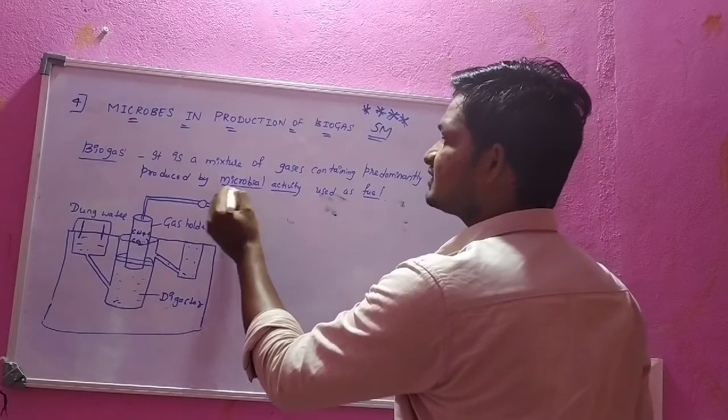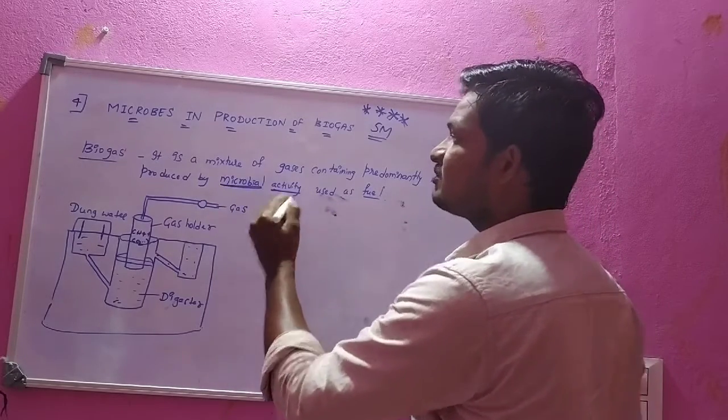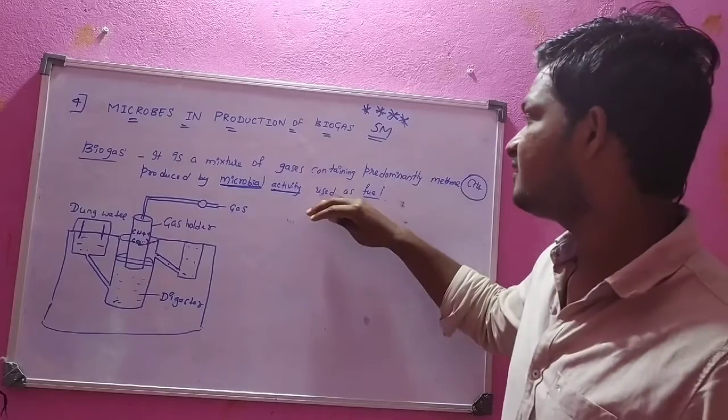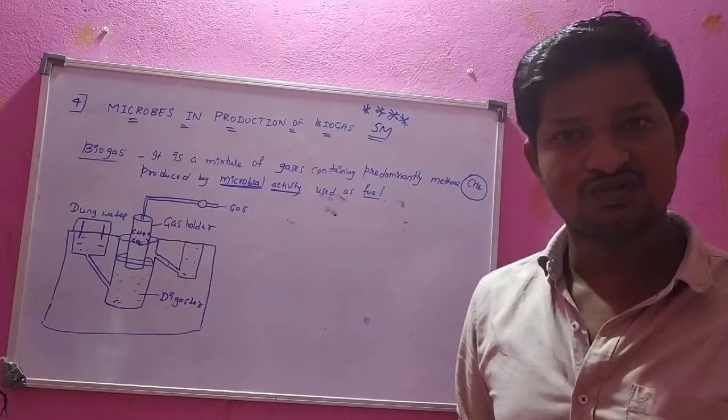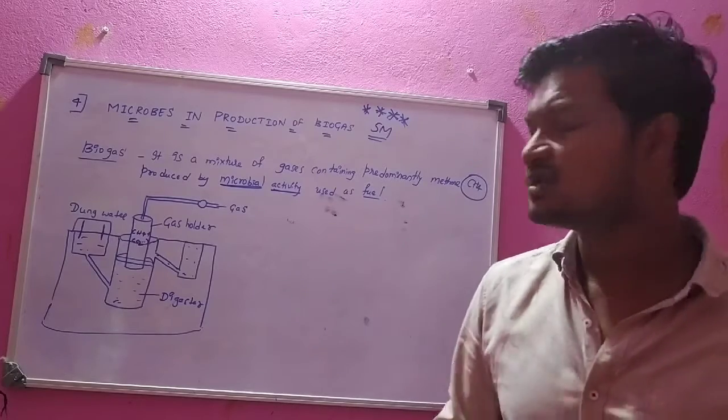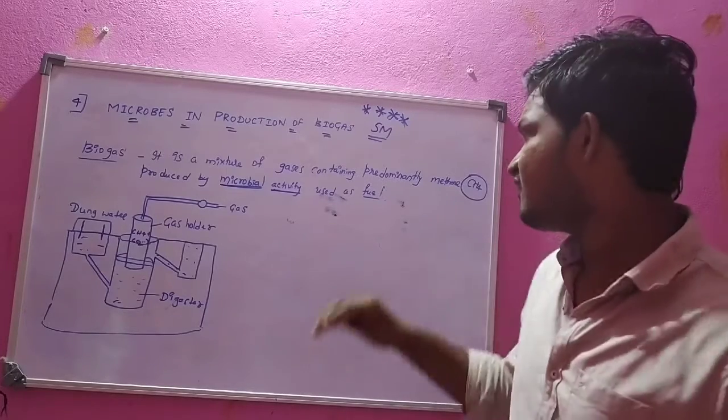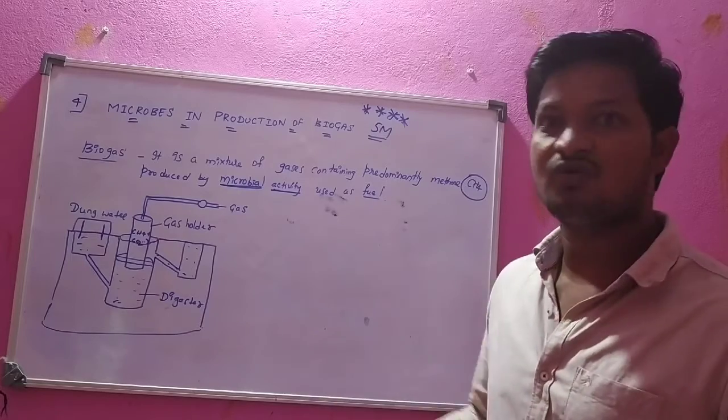How is this methane gas produced? It is produced by microbial activity and will be used as fuel, as an energy source.